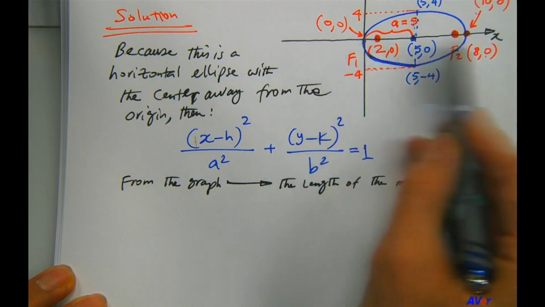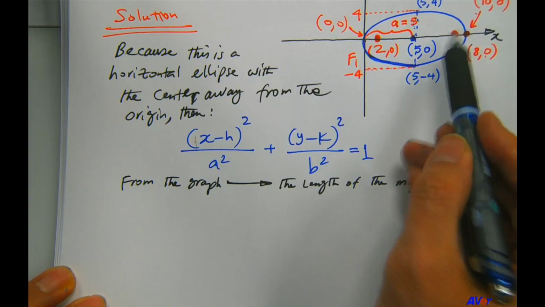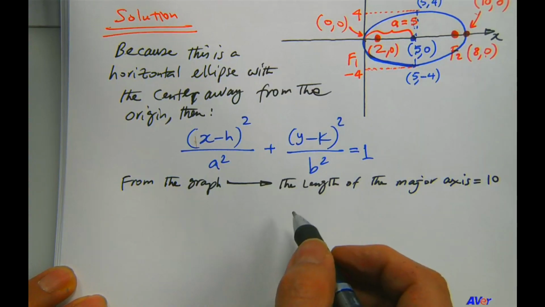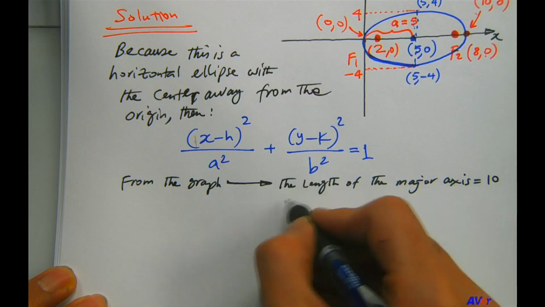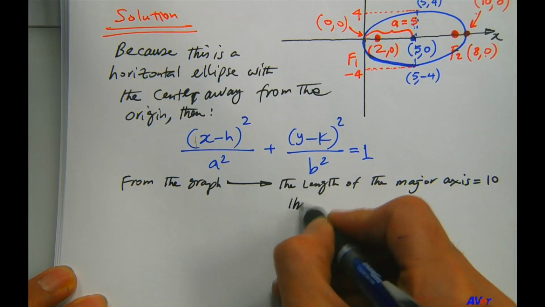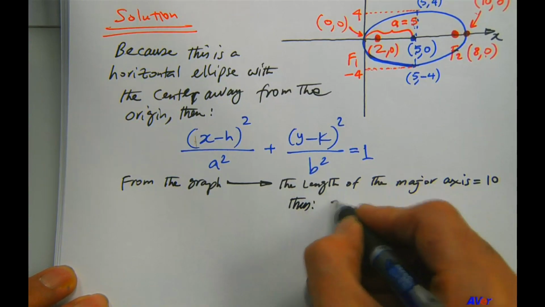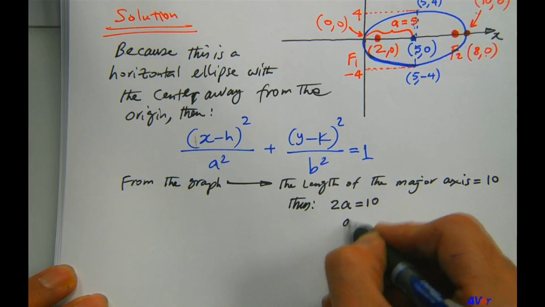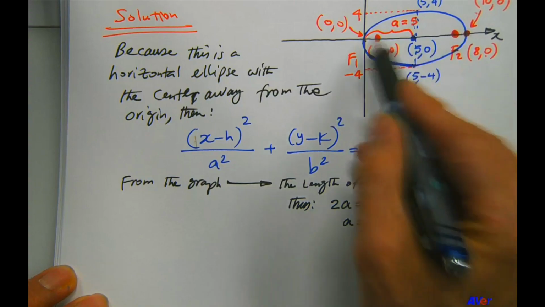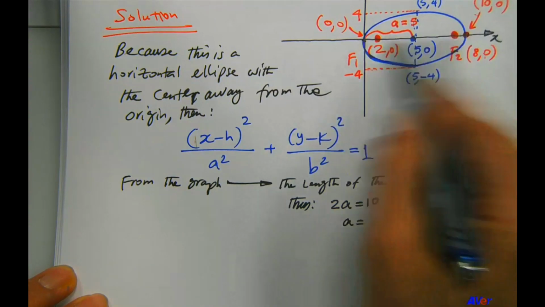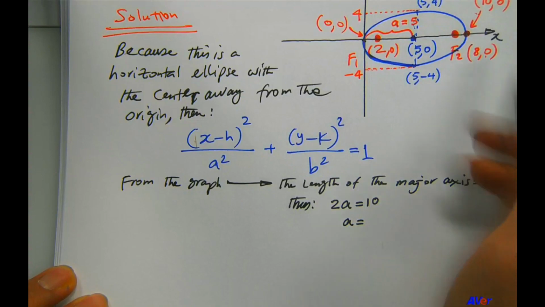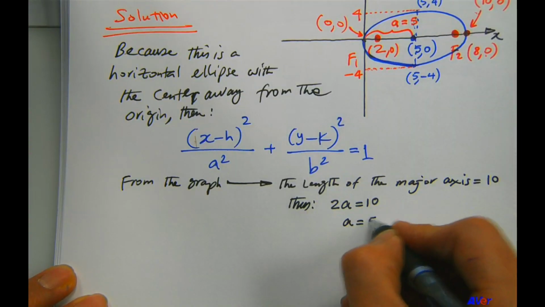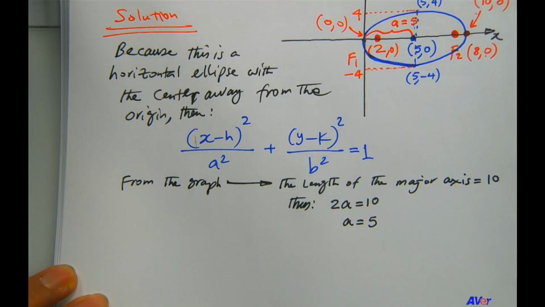From here to here, it's 10 units. Thus 2a equals 10, because that distance from here to here is 2a, so a is equal to 5. Okay?